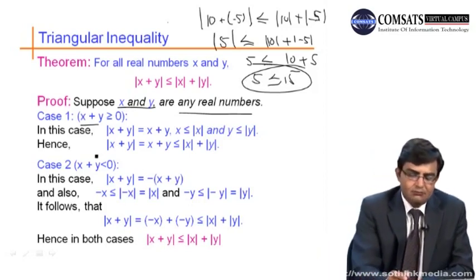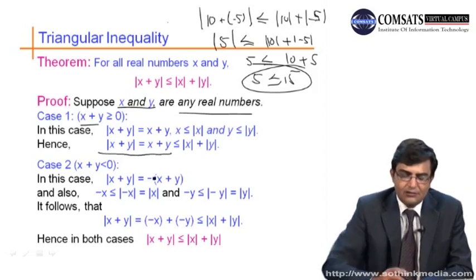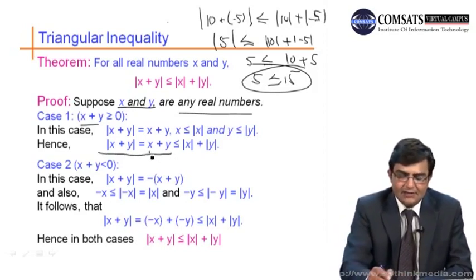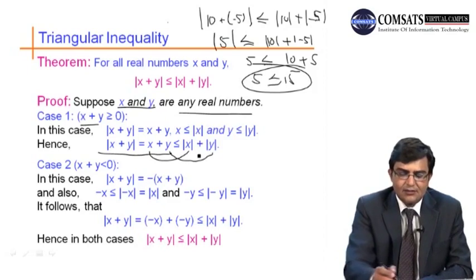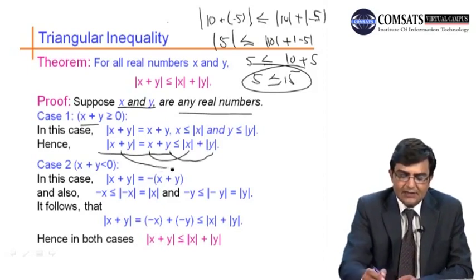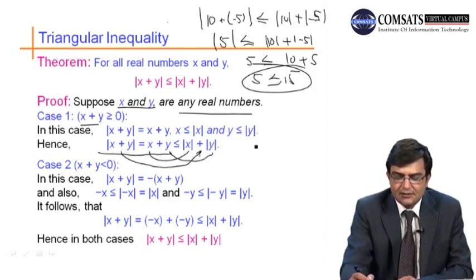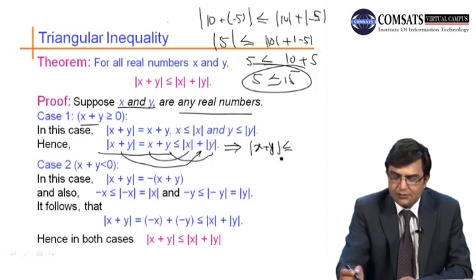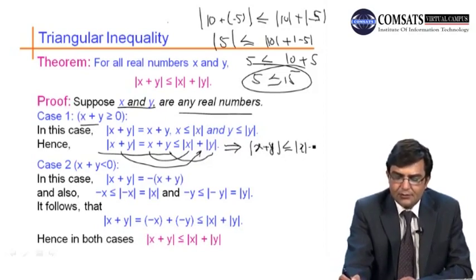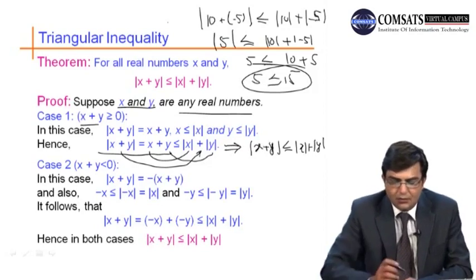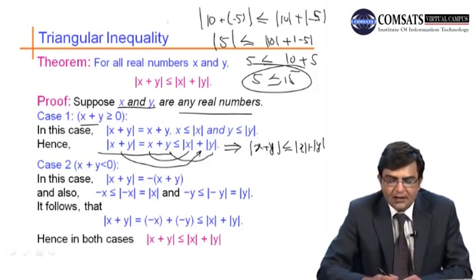Therefore, the absolute value of x plus y, which equals x plus y, is less than or equal to the absolute value of x plus the absolute value of y.